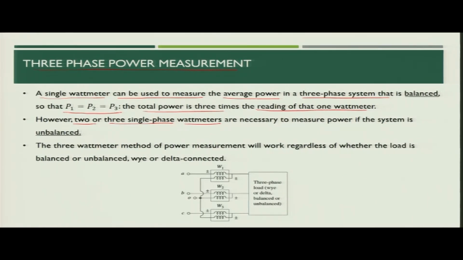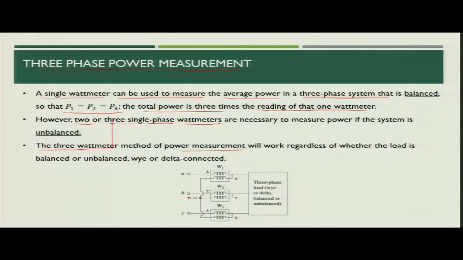Let us first try to understand how we will use the 3 wattmeter method for power measurement. We will use the wattmeters connected in each phase of the line. So, how we will connect? We will connect the current coil in series and the potential coil in parallel.